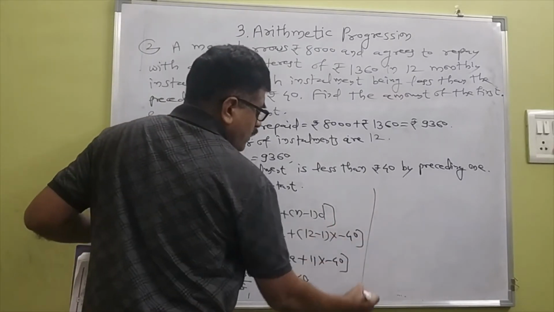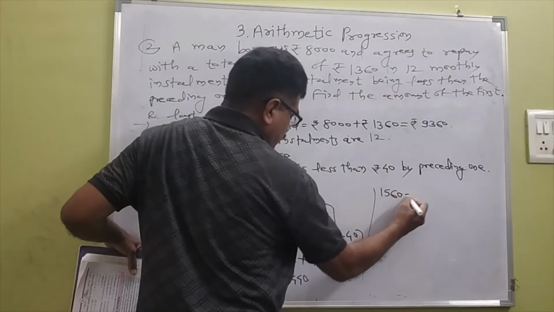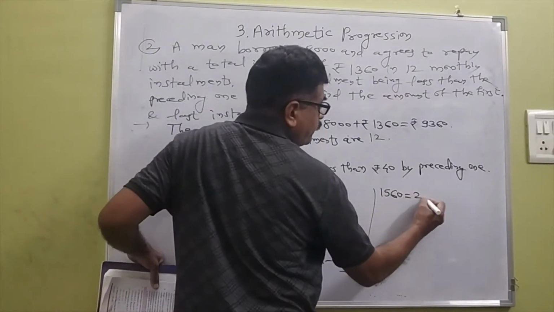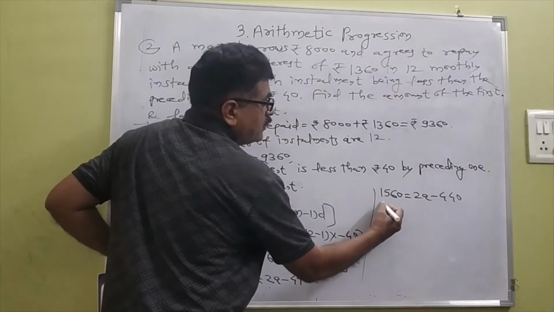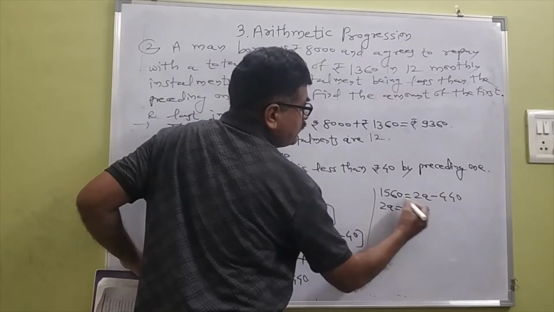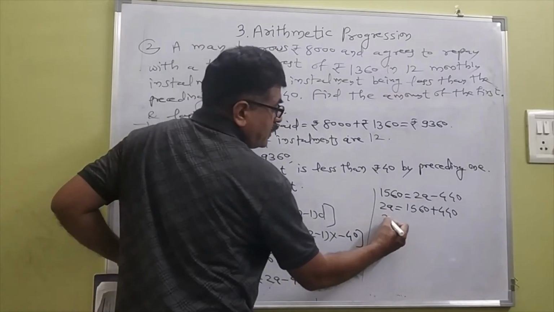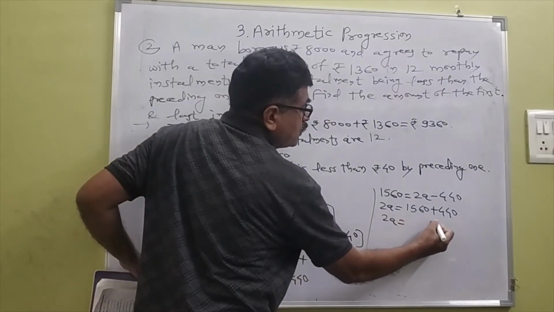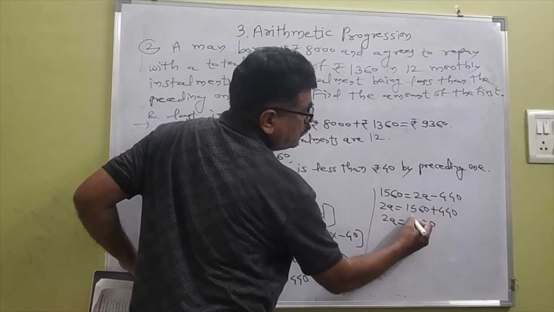Therefore 1560 is equal to 2a minus 440. Therefore 2a is equal to 1560 plus 440, which is 2000.